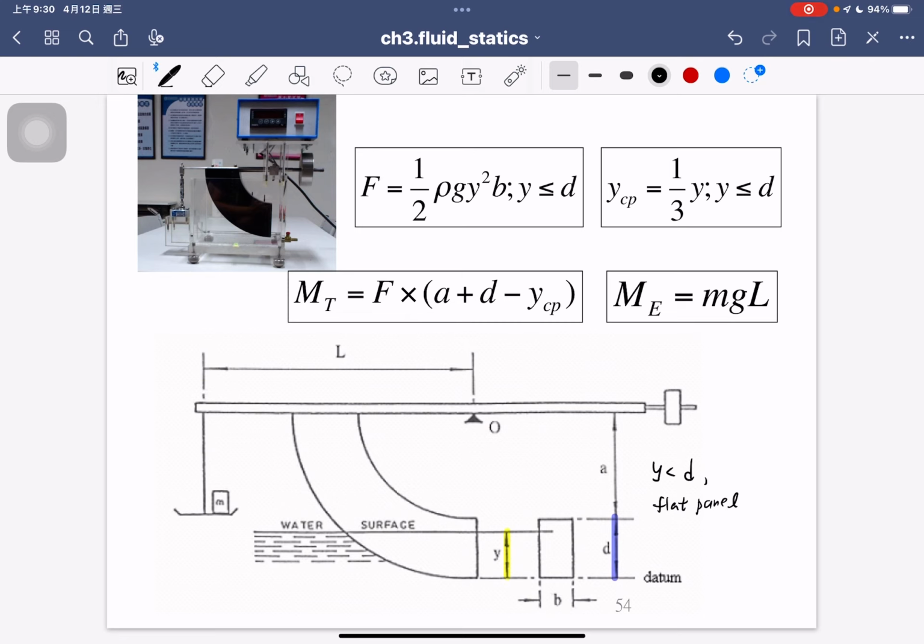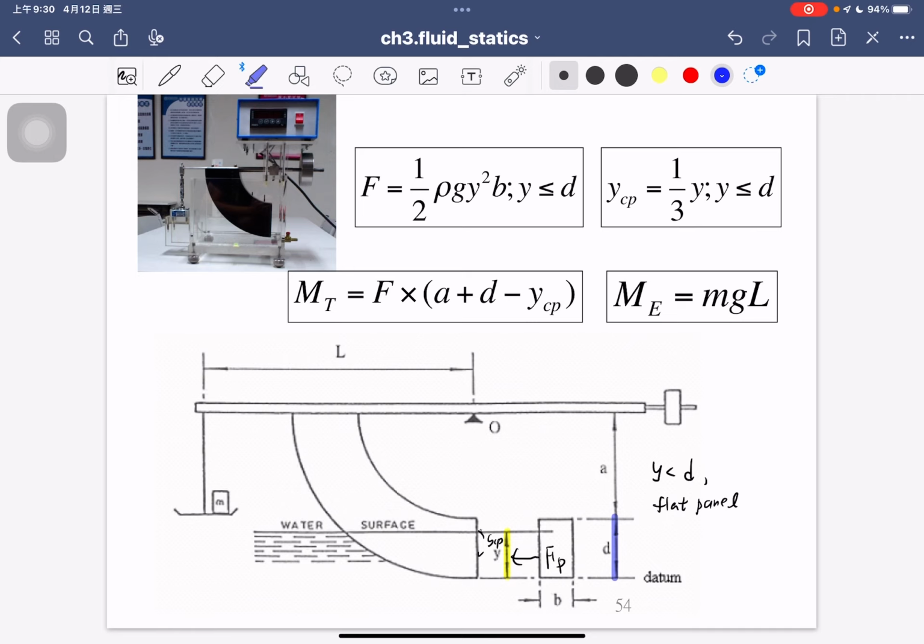So we know that we have the YCP and we have the FP, and we know that the location of the YCP is maybe here. So we can compute the theoretical moment in this experiment. But for the next semester, sometimes we always forget everything. When I teach in the class, you may remember some equations. But in the next semester, most students may have forgotten everything we learned in class.